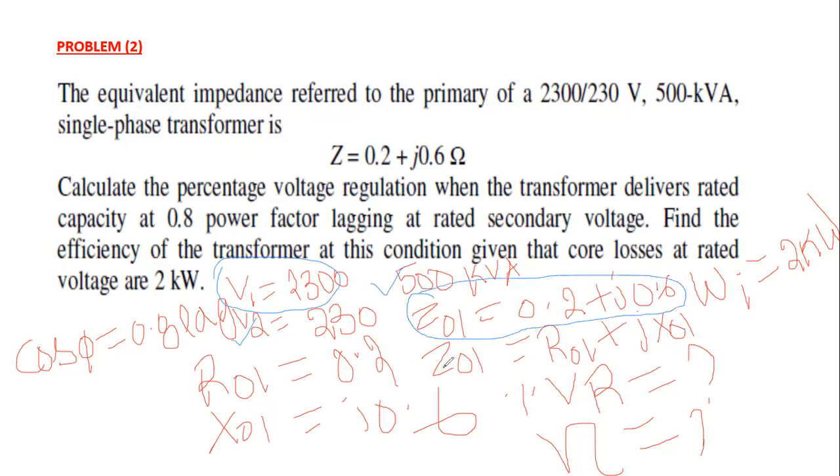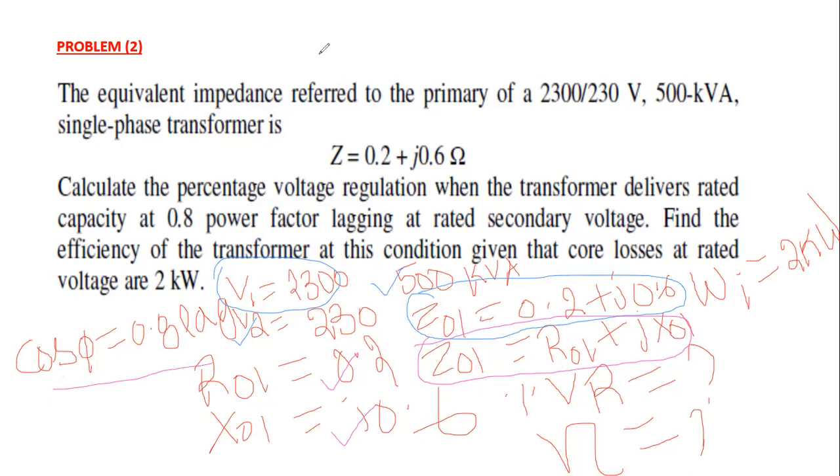The formula for Z01 is R01 plus jX01. Therefore, R01 is equal to 0.2 and X01 is equal to 0.6. And cos phi is equal to 0.8 lagging.